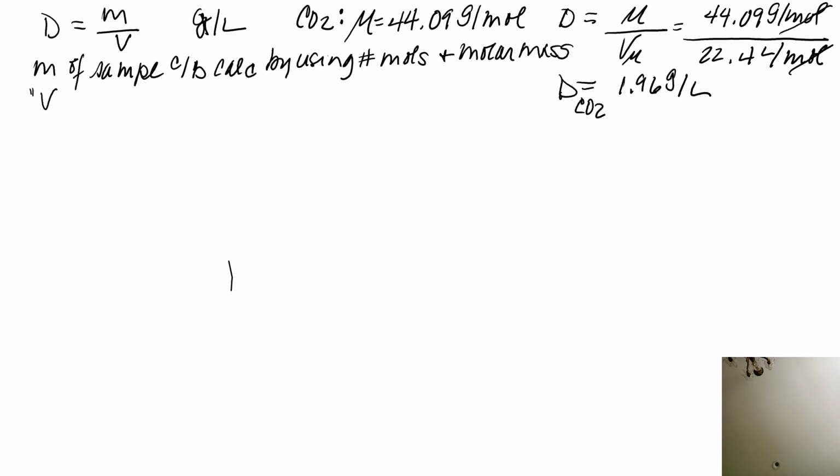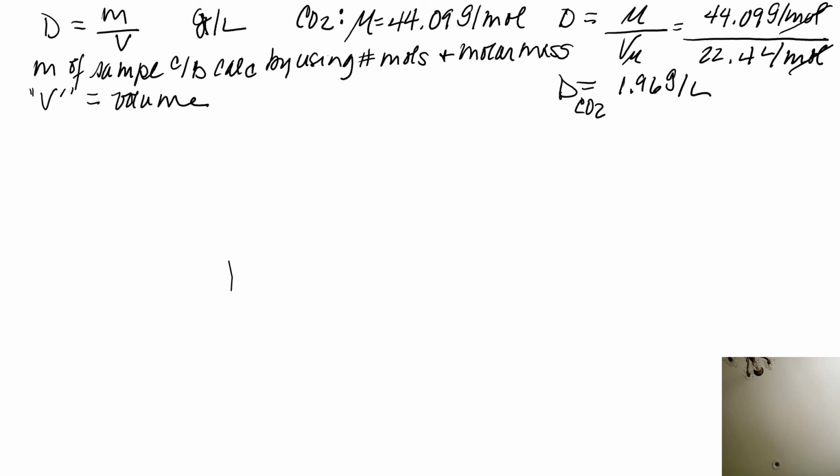And keep in mind, V in the ideal gas law represents volume. And density of a gas is mass per unit volume.